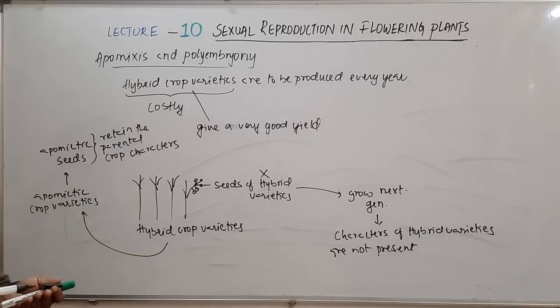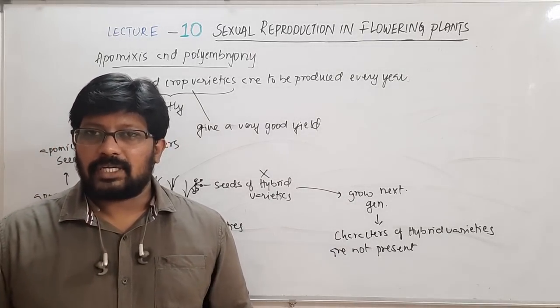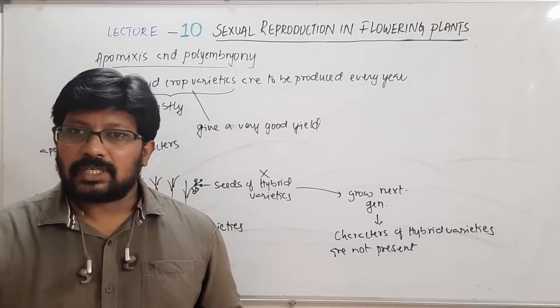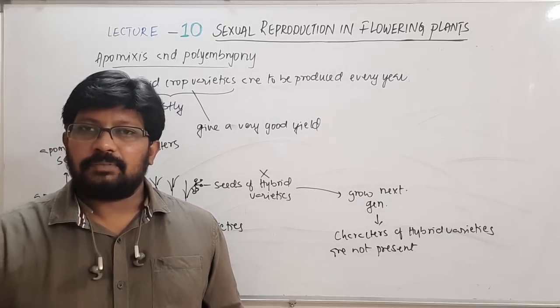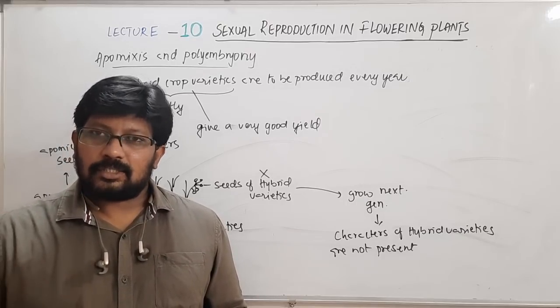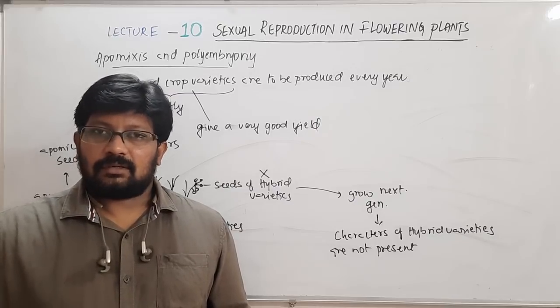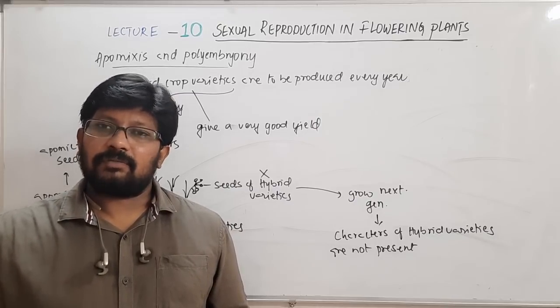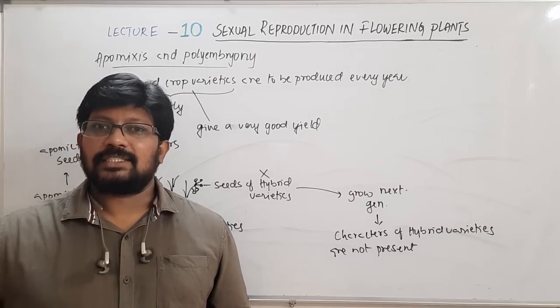So now scientists are trying to make many of these hybrid crop varieties into apomictic, so that the farmer need not purchase the hybrid seeds every year. Once he purchases the hybrid seeds, sows them in the soil and raises the crop, he can use the seeds obtained from that generation to raise the next generation.